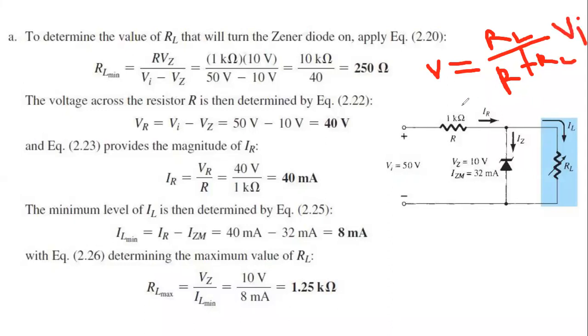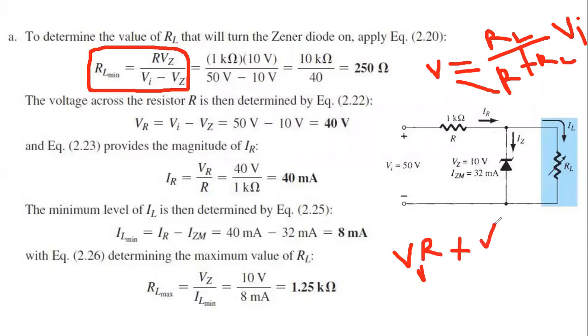So from this equation, if we just cross multiply and take common, we get this equation. How? If we multiply together, it will be something like VR plus VRL.